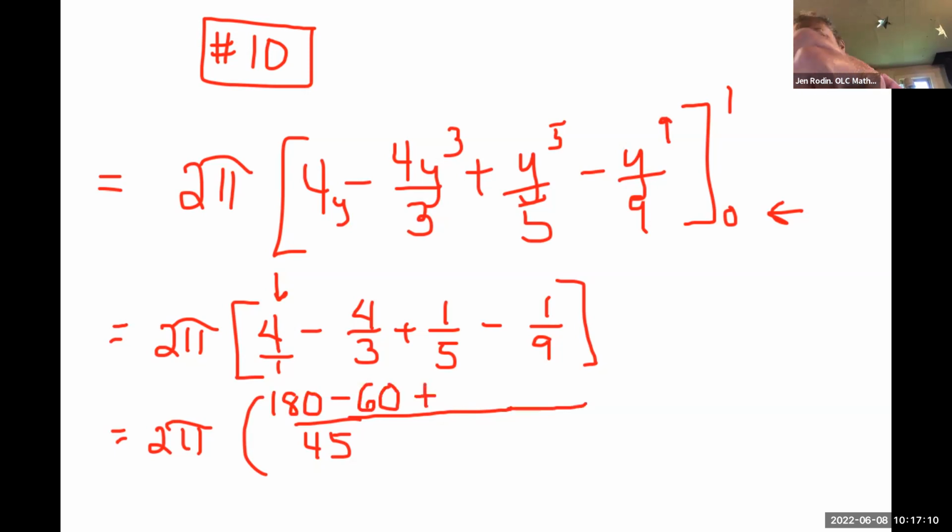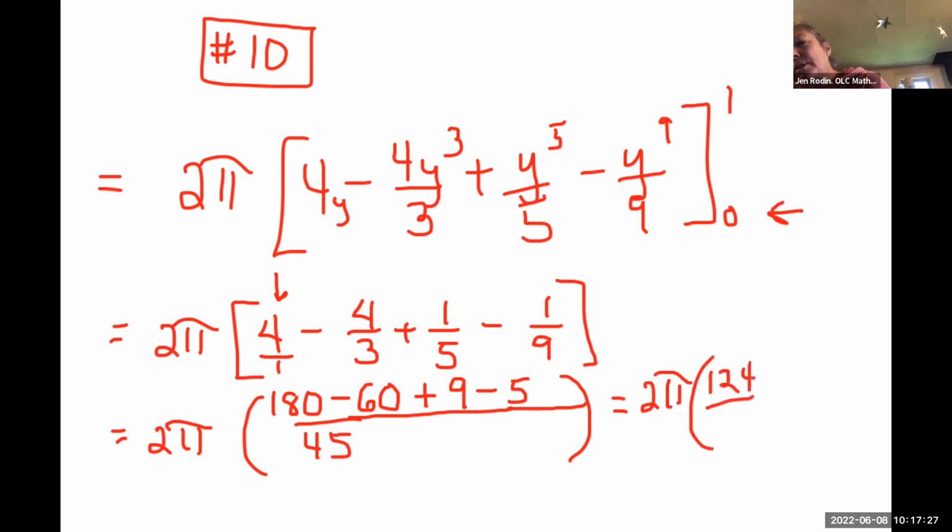And 5 times 9 is 45. 9 times 5 is 45. So that's how we can get the numerator. And it ends up to be 2 pi times 124/45, which we don't have to reduce or turn into a decimal or anything. Just finish it up as 248 pi over 45.